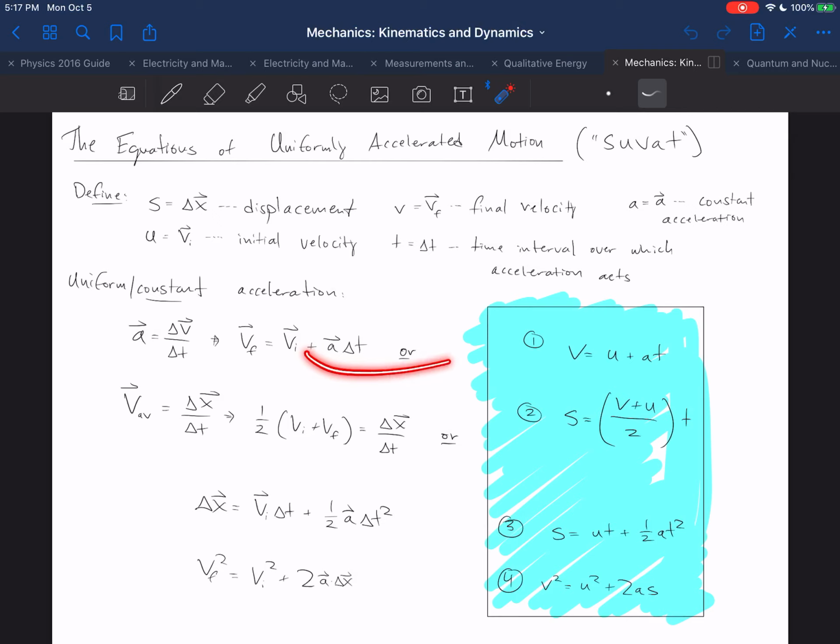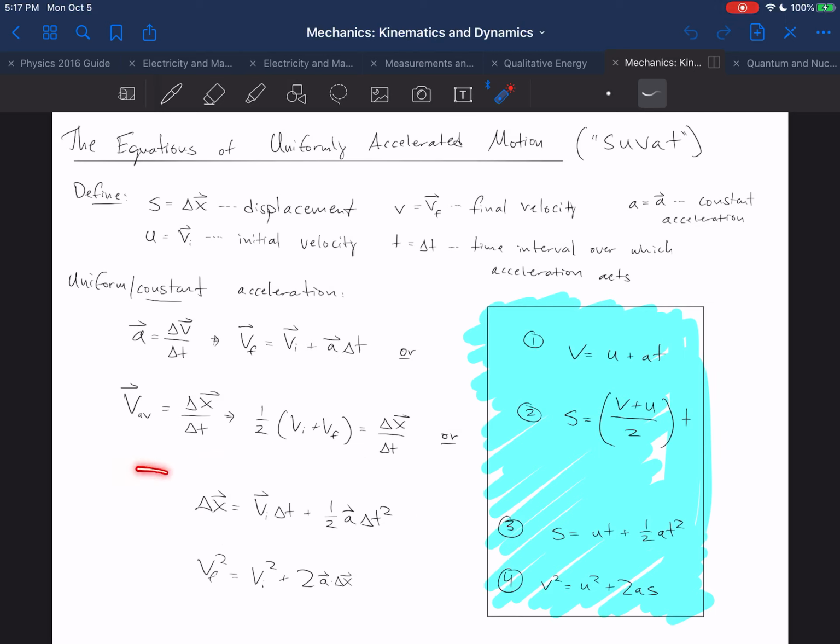This means exactly the same thing as the IB SUVAT equation, v equals u plus a times t, in SUVAT notation. Likewise, 1/2 times v initial plus v final is equal to the average velocity, or the change in position over the change in time, is the same as equation number 2.